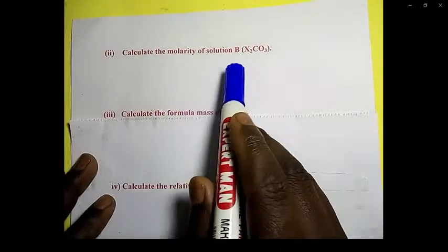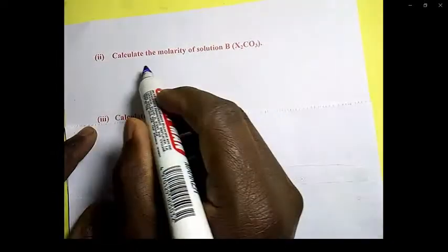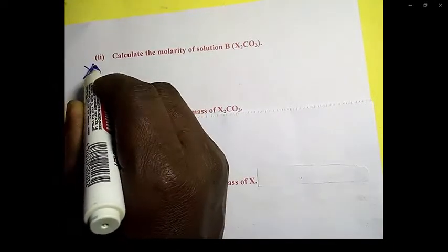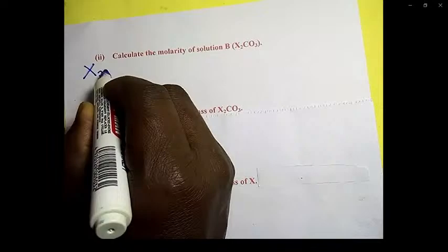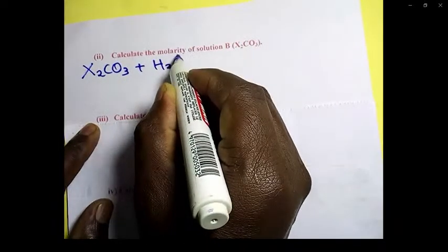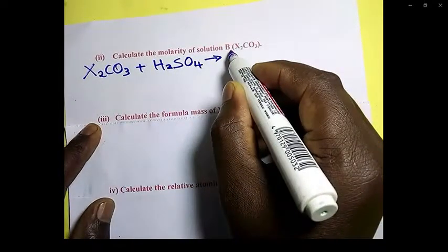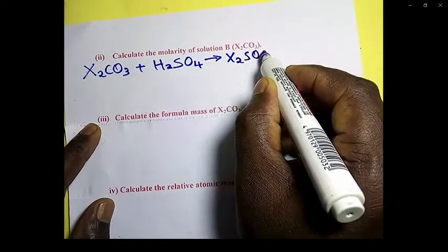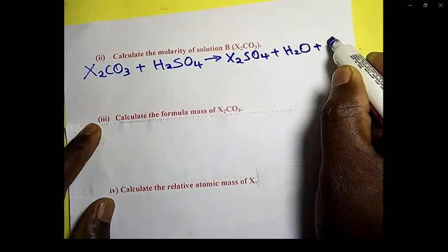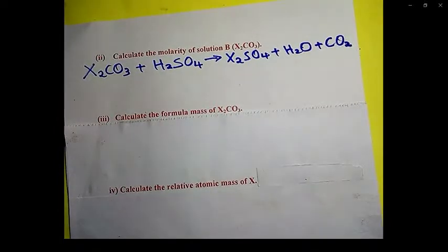Calculate the molarity of solution B, which is the X carbonate. So let us write the equation first. That is X carbonate plus sulfuric acid gives X sulfate plus the gas, carbon dioxide.